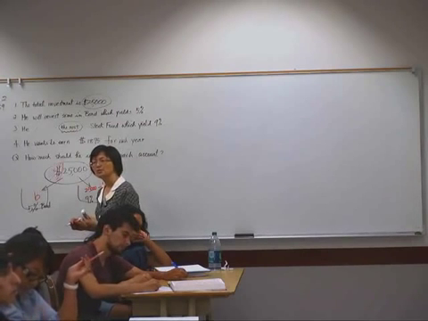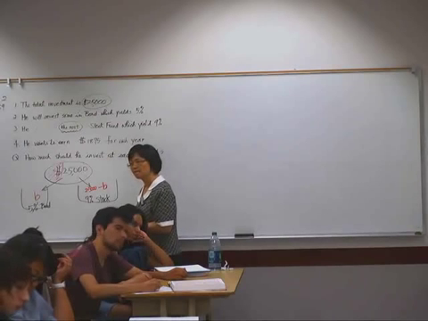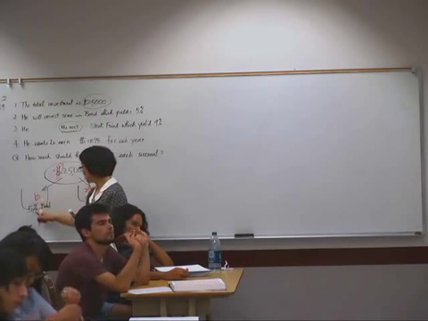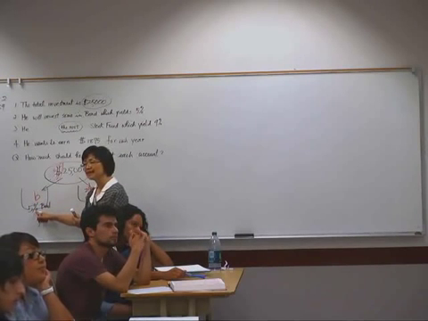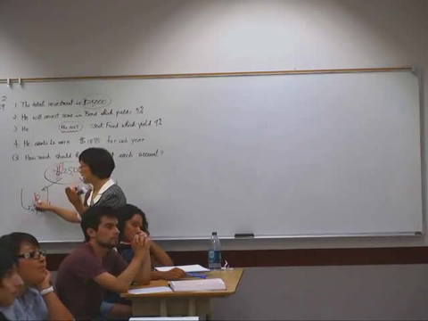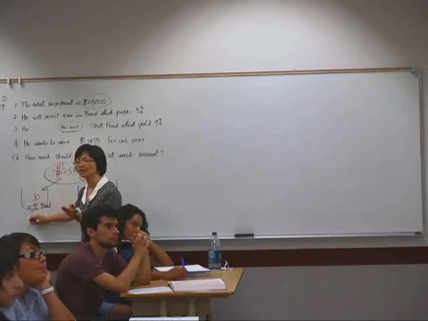That is the rest. Am I correct? Yes or no? And how much do I earn? I have B dollars and I earn 5%. So how much do I earn? B dollars times 5%. That's how much I earn, right?